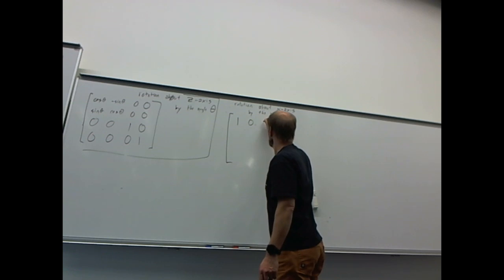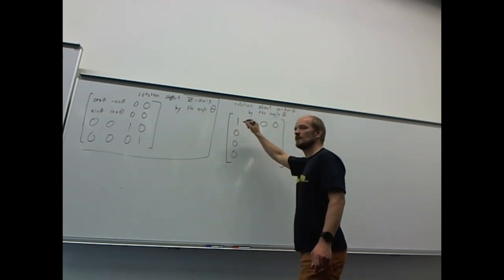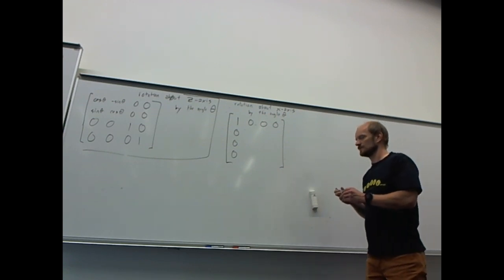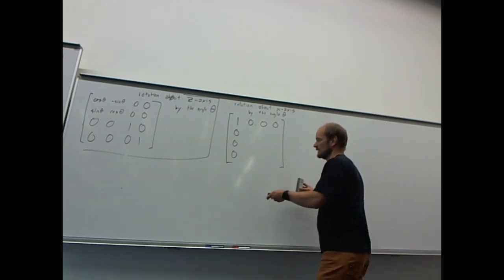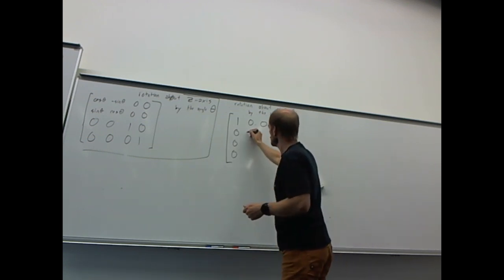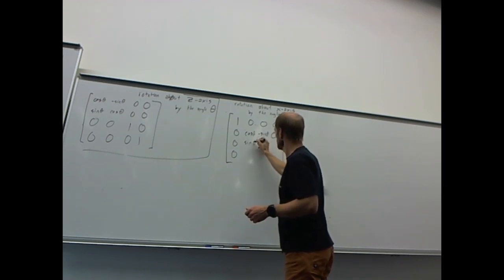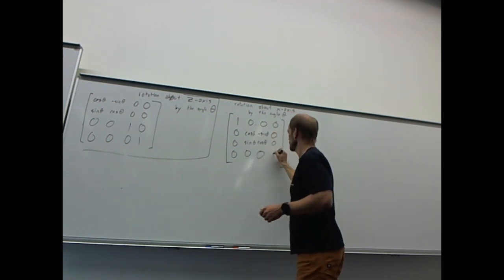Okay, I can pretty much say that the first row and the first column will probably be like this. Then you do cosine, minus sine, 0. And then sine, cosine. All right, let's add the angle in here, theta, 0, 0, 0, 1.